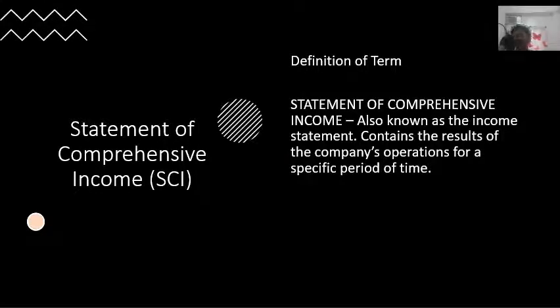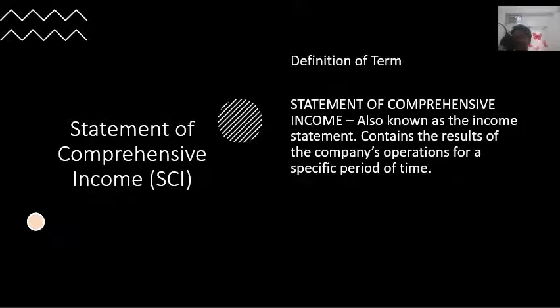So, what is statement of comprehensive income? Statement of comprehensive income is otherwise known or popularly known as the income statement. The income statement contains the result of the company's operation for a specific period of time, which is called net income.